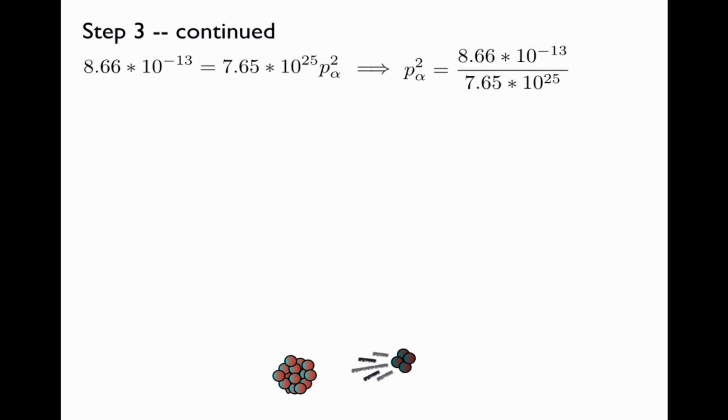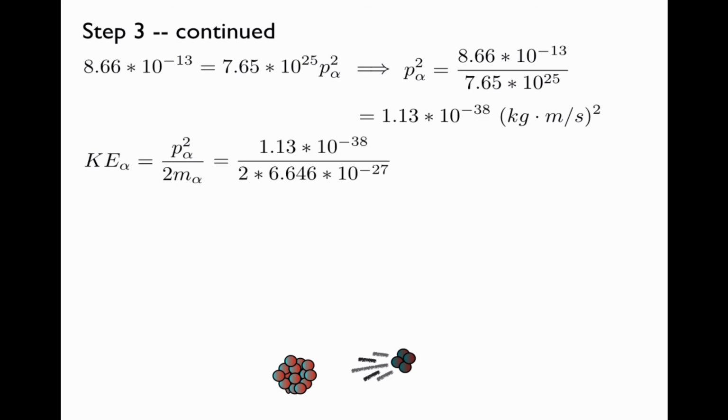And as stated, we want to solve for P alpha squared, which has this value. Now, the kinetic energy of the alpha particle is simply equal to its momentum squared over twice its mass. And now we know each of these quantities, and we can plug them in, and we obtain the result for the alpha particle.